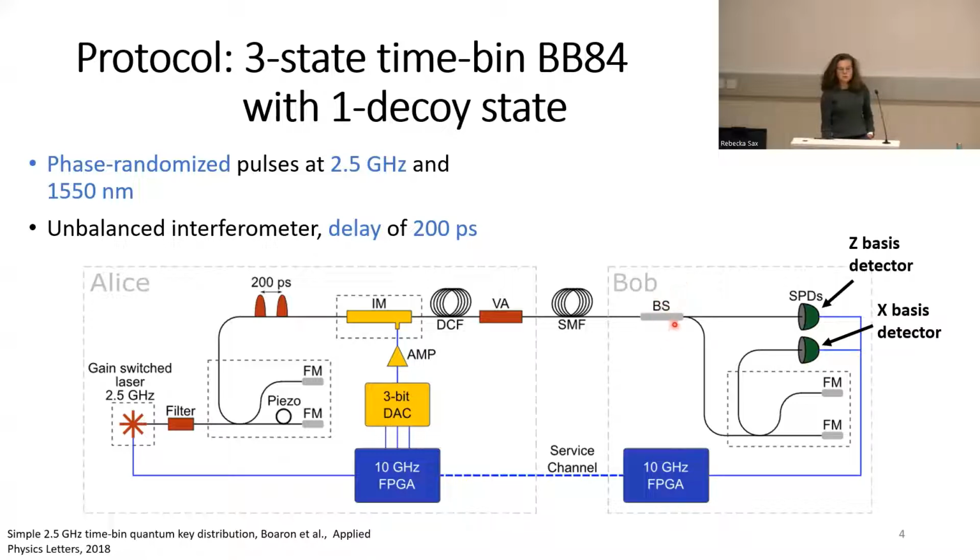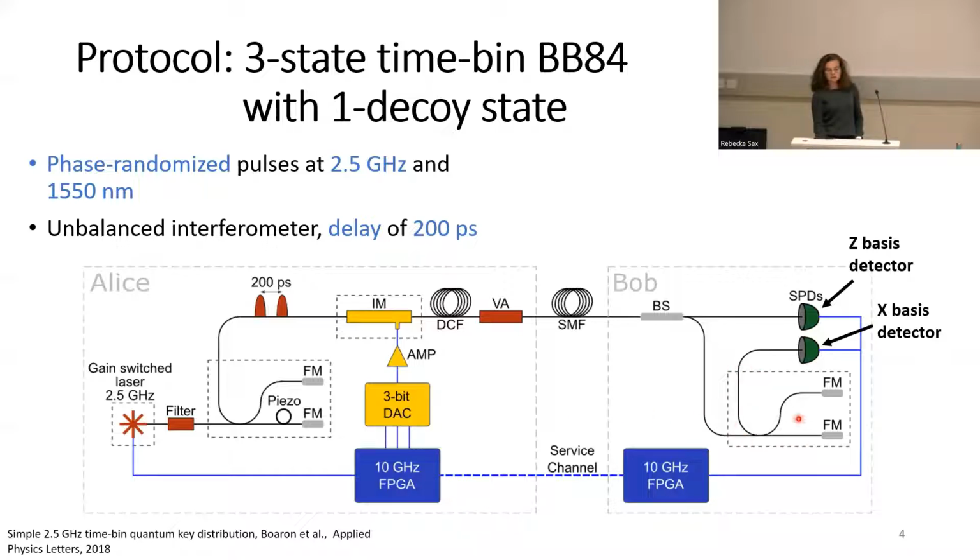On the receiver side, we first have a beam splitter where light either goes to the Z basis, where any detections will be a simple time of arrival measurement, and the correct detections here will constitute the raw key. Light that goes into the X basis detector will pass through an imbalanced Michelson interferometer, exactly the same as on Alice's side with the same delay line.